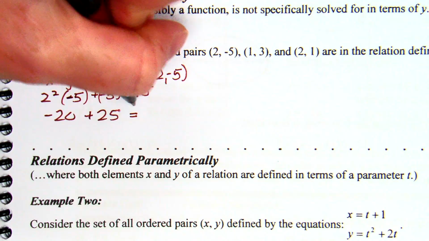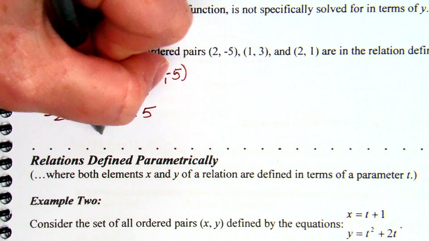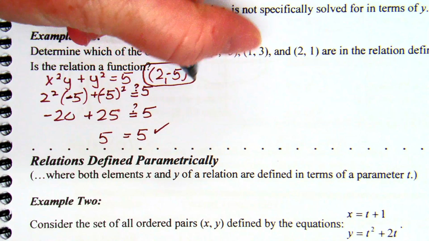So again, does -20 plus 25 equal 5? -20 plus 25 is 5. 5 equals 5. So we know that the ordered pair (2, -5) does work.